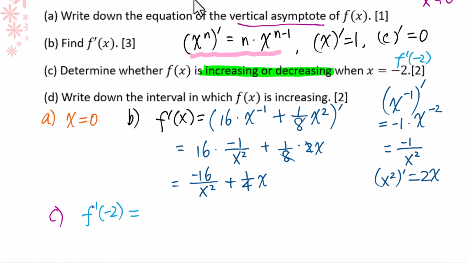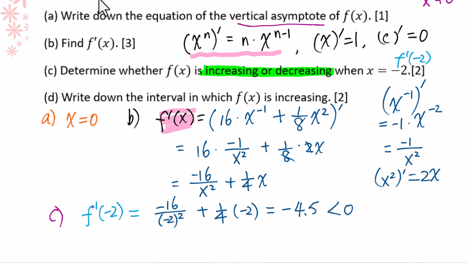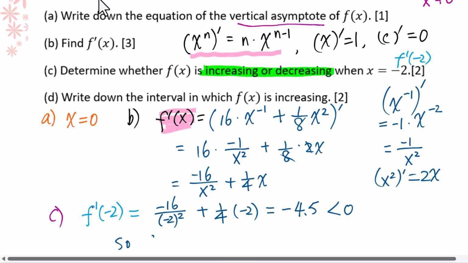We can do the substitution in this f prime of x, which is negative 16 over negative 2 squared plus 1 over 4 times negative 2. Go to calculator, negative 4.5, less than 0. So, f of x is decreasing at x equals negative 2.